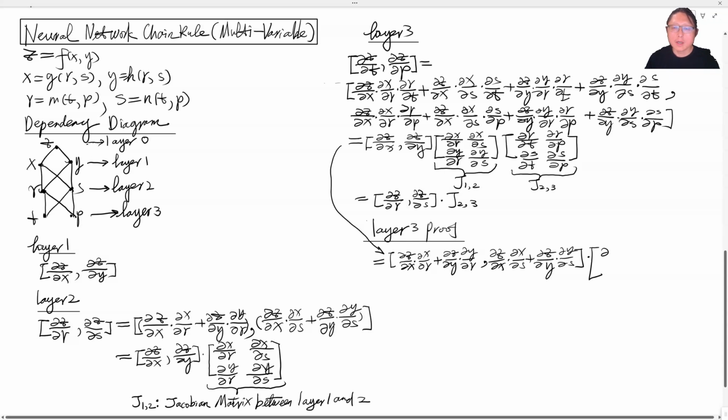When I write this to prove this relationship, I just want to tell you why we have to do this. Because back propagation as a whole is about how to get the partial derivative for the next layer.